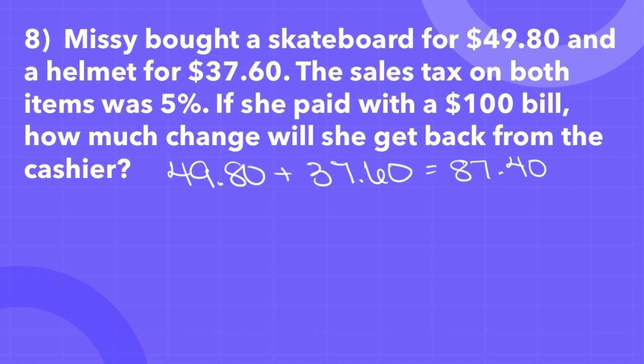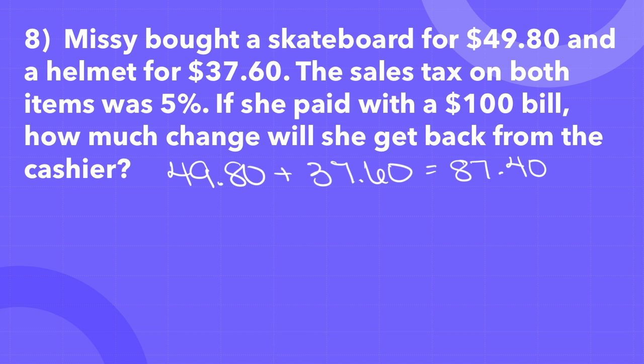Sylvie, what would you do next? I did it a different way, but I suppose here you would set up the proportion, I guess. You could. I put 95 over 100, because that's what you pay, and then 87.40. Now, where did the 95 come from?